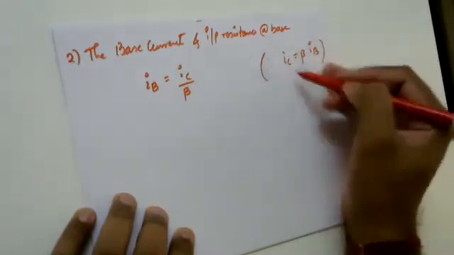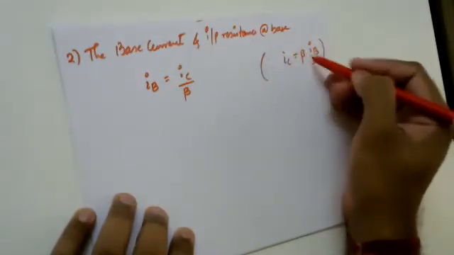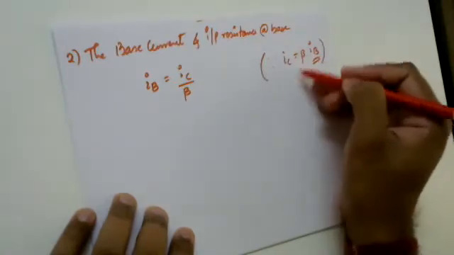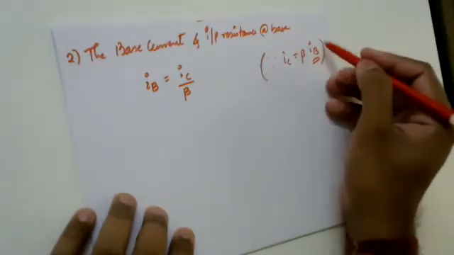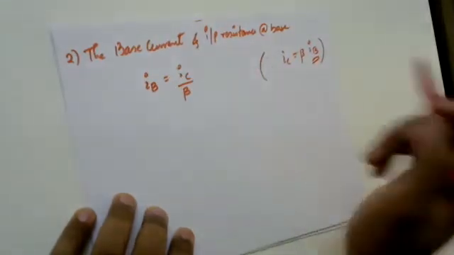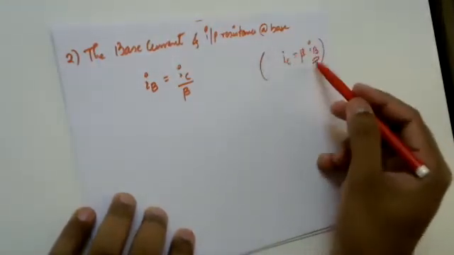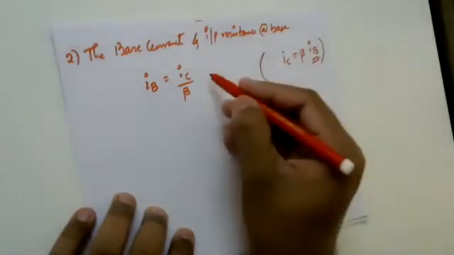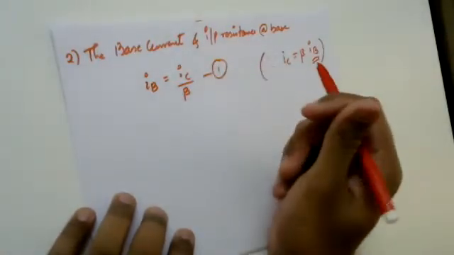So IB is IC by beta. Let me call this equation number 1.